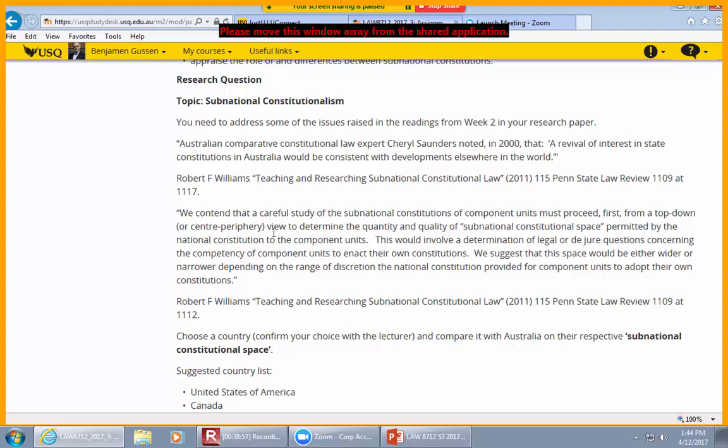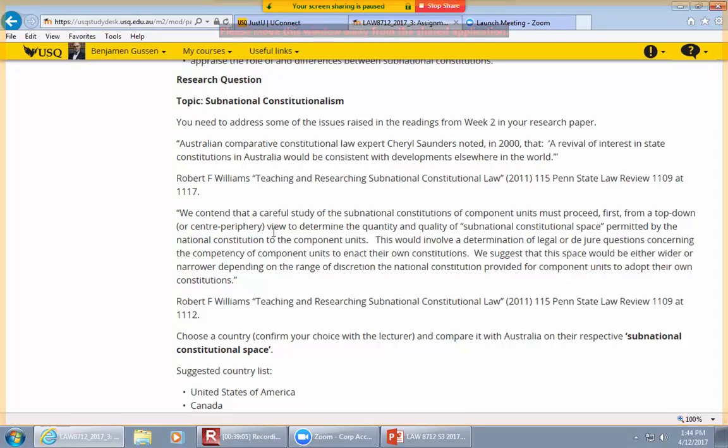Now there's also Robert Williams. Okay. Now Robert Williams has retired already. This is from the US, from Pennsylvania. And his paper basically is about teaching and researching subnational constitutional law. Now this is an area that you will not find many people interested in.